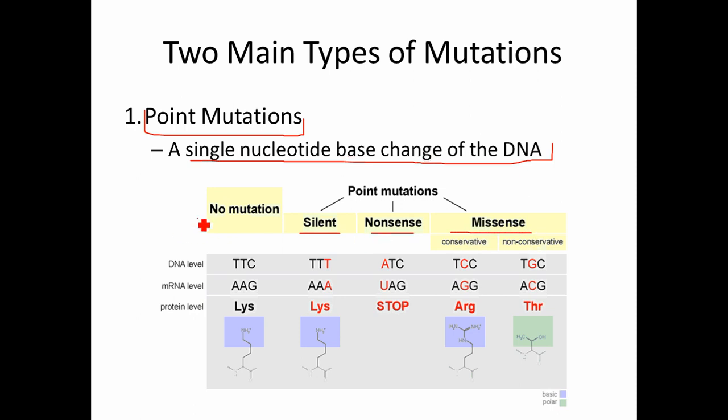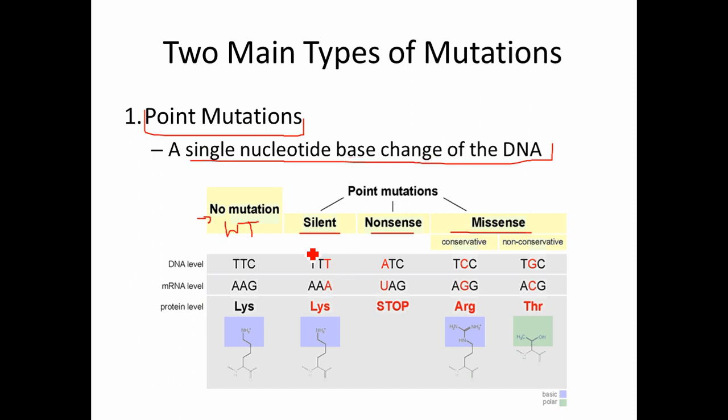Here we have no mutation, so this is considered the wild type version of the gene, or the original version of the gene. Here we have the original DNA sequence, here we have what's coded for at the RNA level, and then this codon gives the amino acid that it would code for at the protein level.